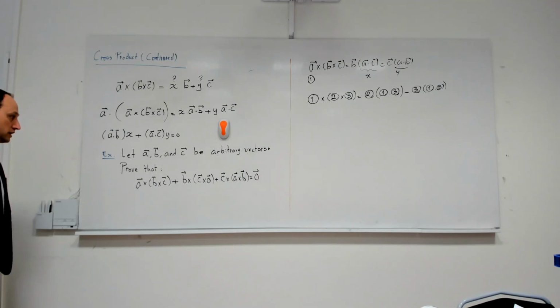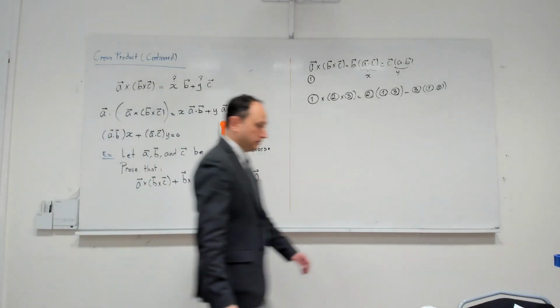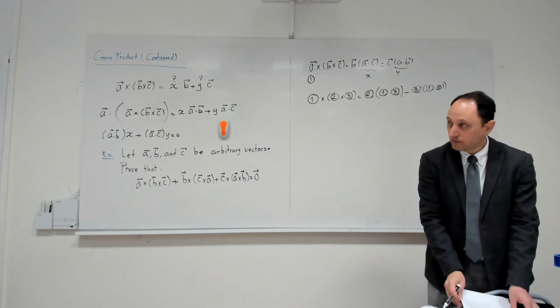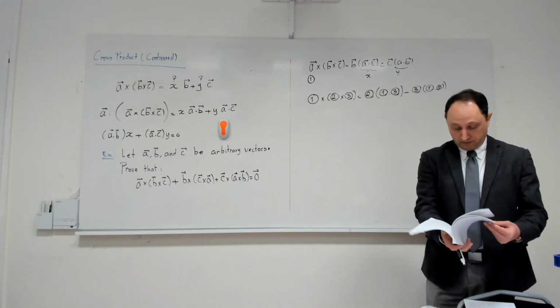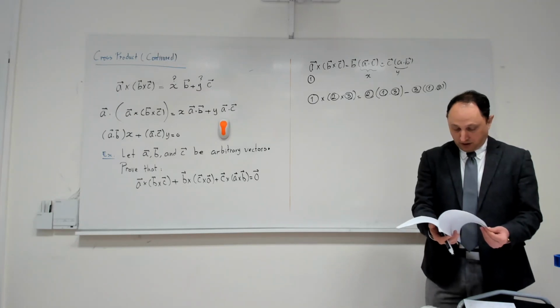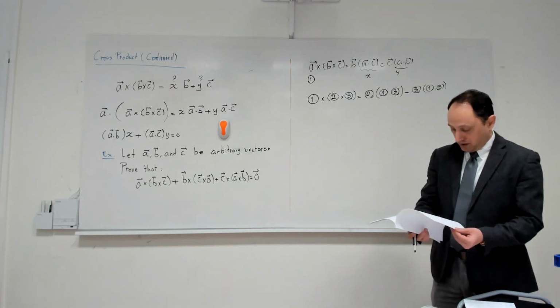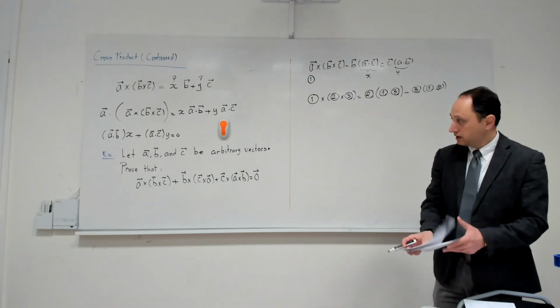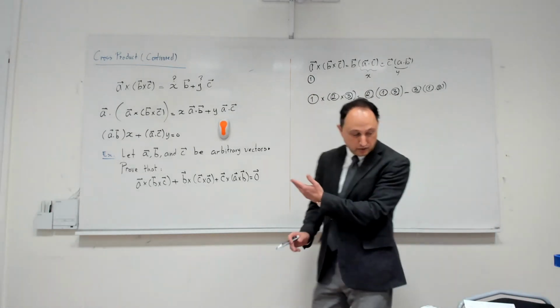Yes, this is one exercise. Let me make sure that I have written it correctly: A, B, C, B, C, A, C, A, B. Yes, that's correct. It's very simple, by the way.